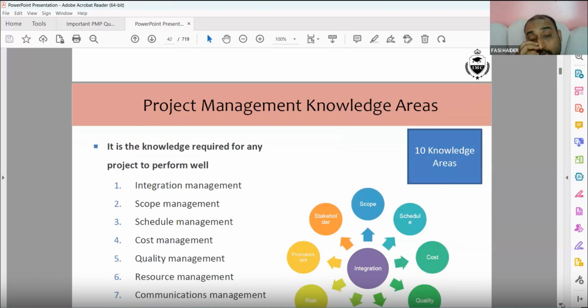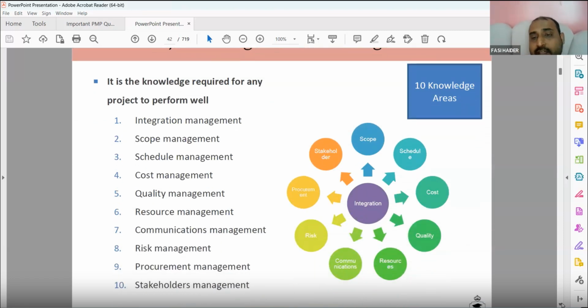Project management knowledge areas: there are 10 knowledge areas. Schedule management, cost management, quality management, resource management, communication, risk, procurement, stakeholder management. And the last one is integration management. All the activities can be done by anybody.